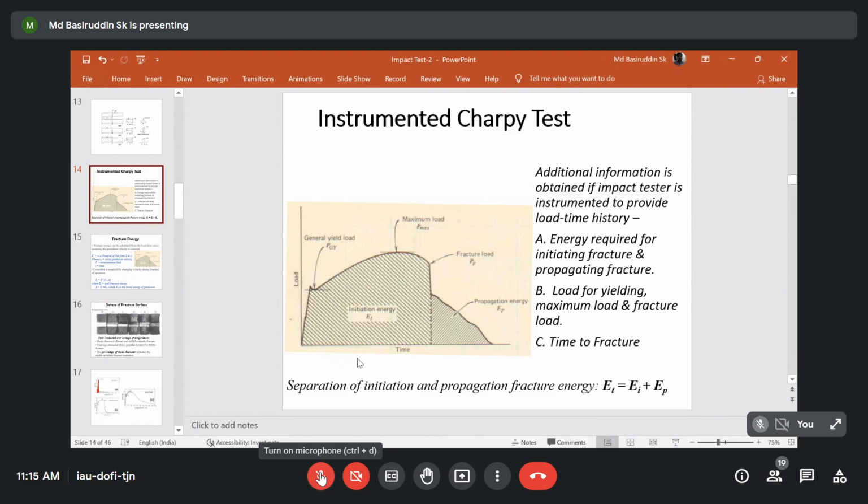That residual length decides the state of stress, and that is the plane stress condition. That is why we get the propagation energy, and that happens due to the tearing or shearing kind of fracture. If you see this kind of graph, we can correlate this graph with the fracture surface quite easily.